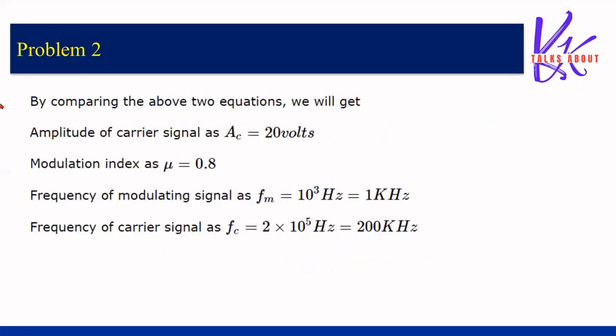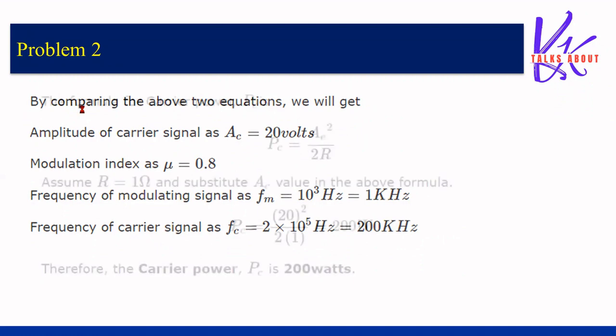So by comparing, I get Ac as 20 volts, modulation index as 0.8, the frequency of the message signal as 1 kilohertz, and the frequency of your carrier as 200 kilohertz. Now, he's asking us to calculate the carrier power, the total power utilized by your upper and lower sideband, and the bandwidth.